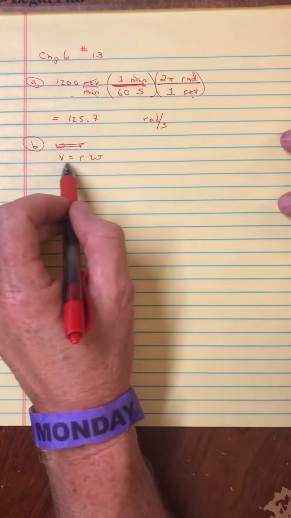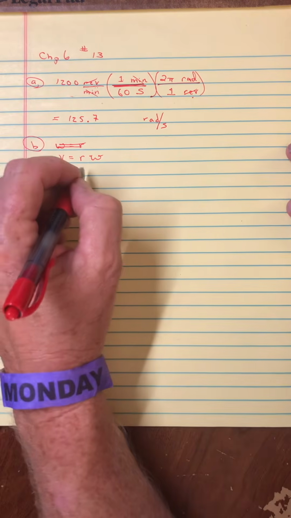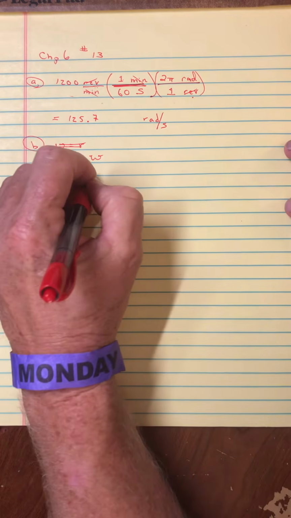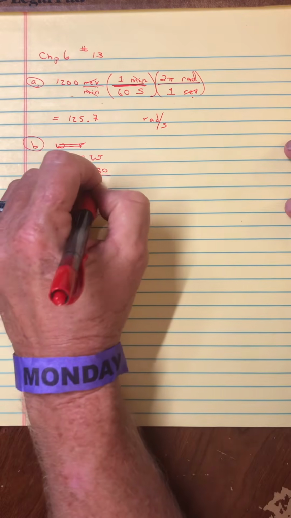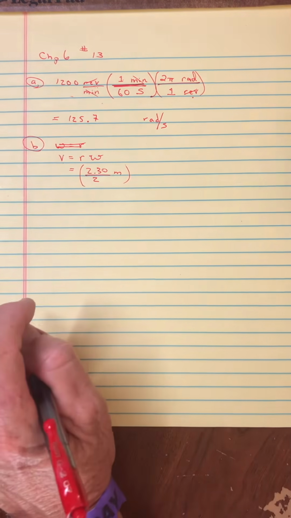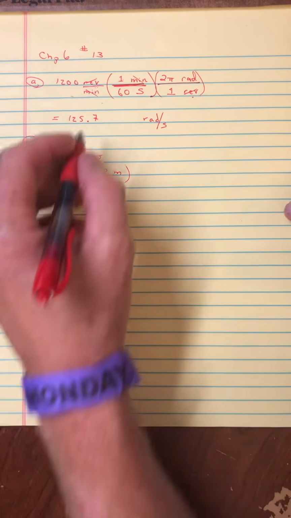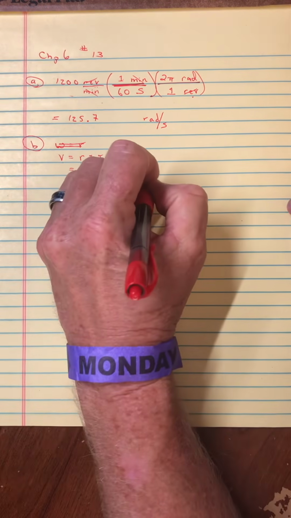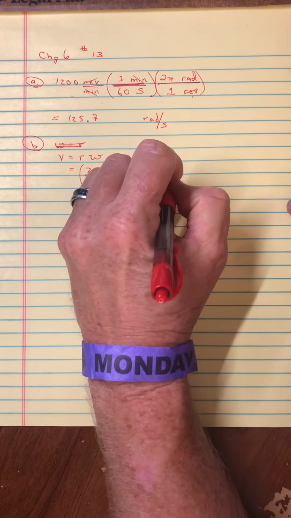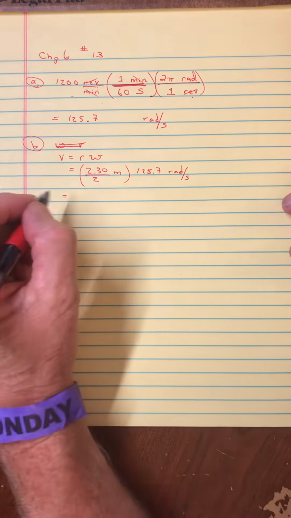So this was the mathematical connection between linear speed and rotational speed. So let me take the radius, and again, just remind you that they gave me a 2.3 for the diameter. So I'll take the 2.3 and cut it in half. That'll be the radius. And I just worked out what the speed would be in radians per second.